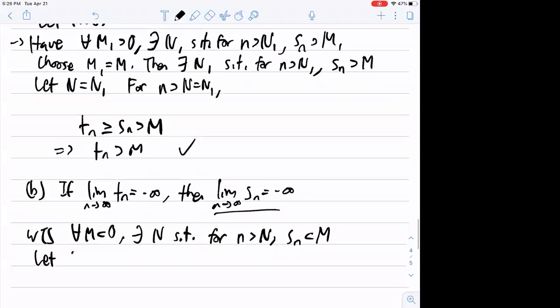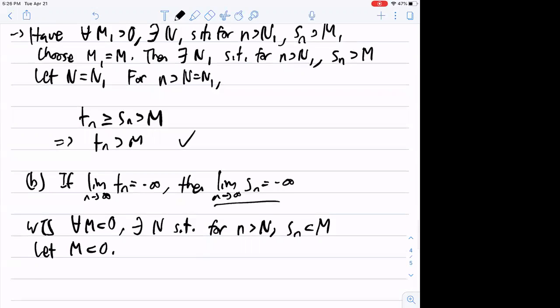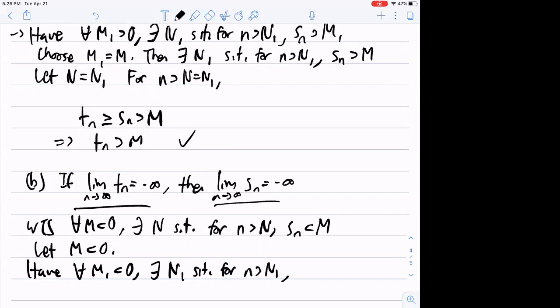Again, this should always be your first step. And then what do we have? We have this assumption. I'm going to use m1 again, less than 0. There exists n1 such that for n bigger than n1, Tn is less than m1.